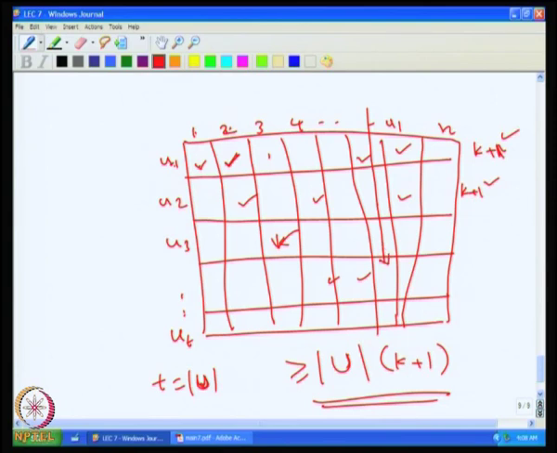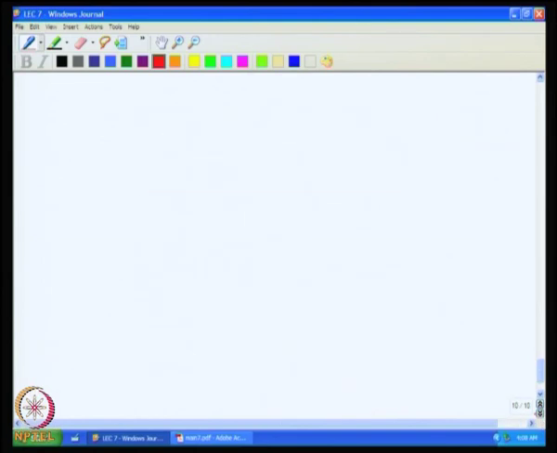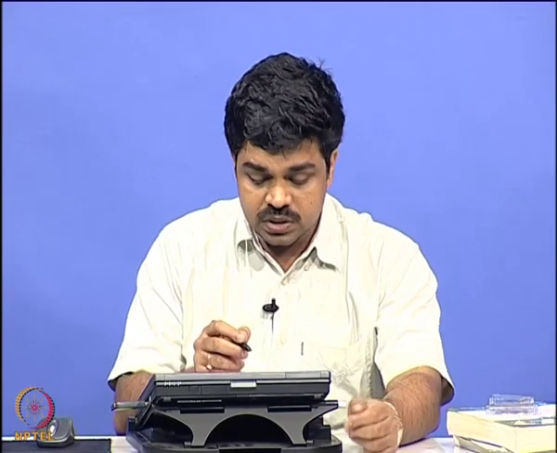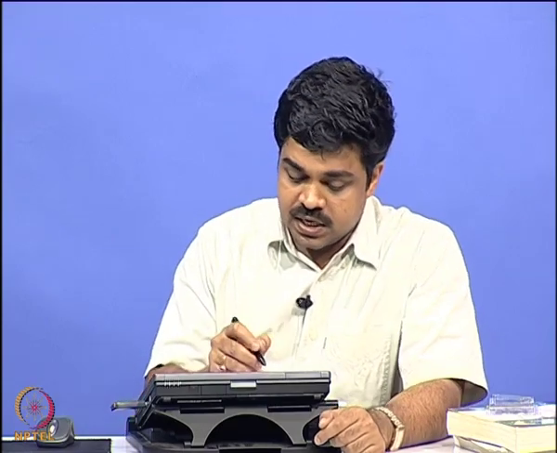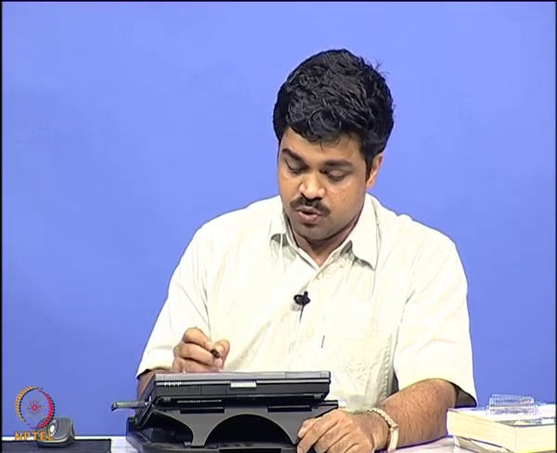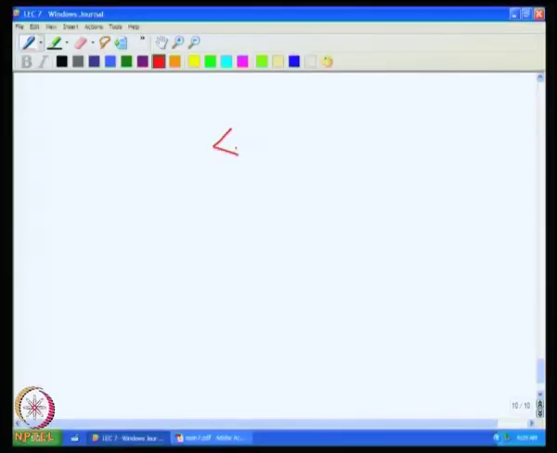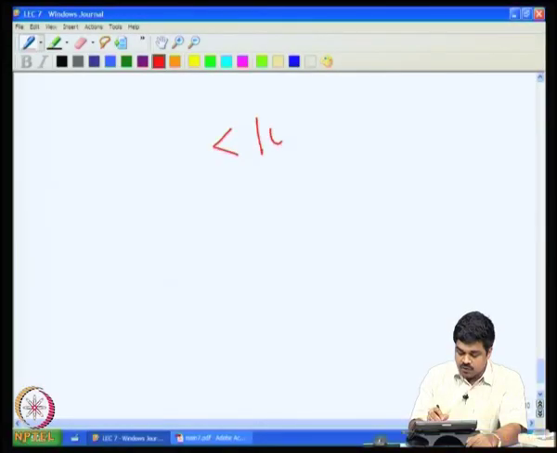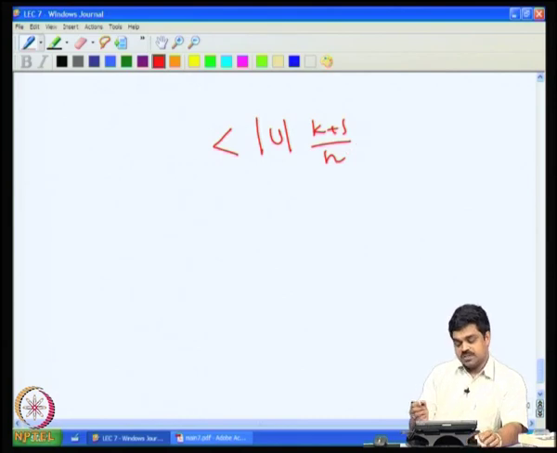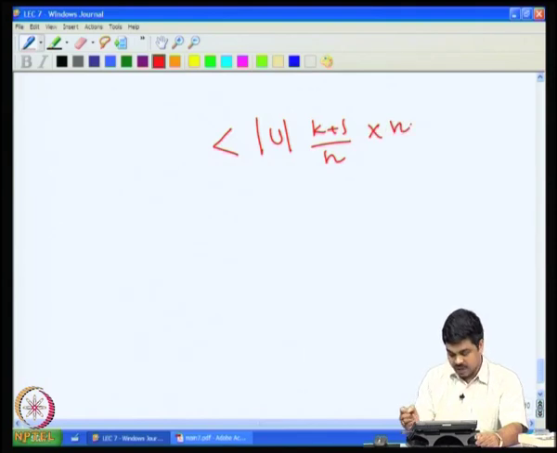By assumption we said that each vertex x outside S dominates less than |U|(k+1)/n vertices from U. So the number of ticks we see in that column will be strictly less than cardinality of U times (k+1)/n. So if you consider all the columns, we multiply by the number of columns, n columns are there.